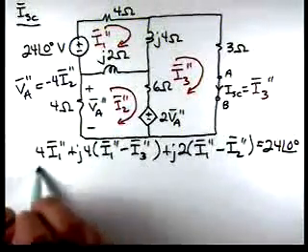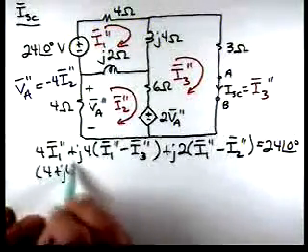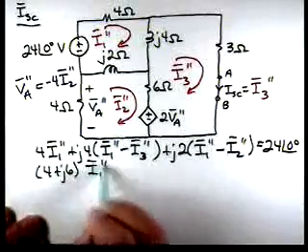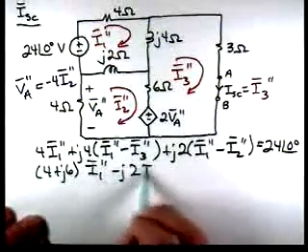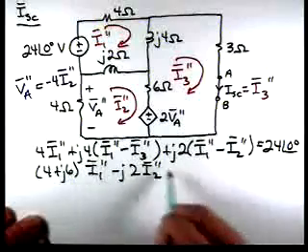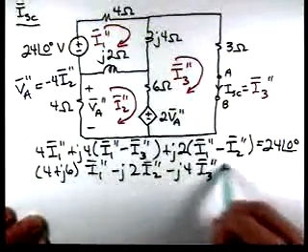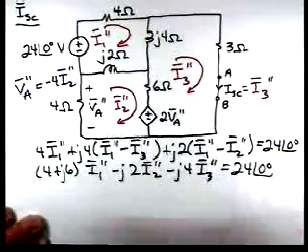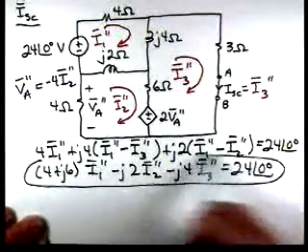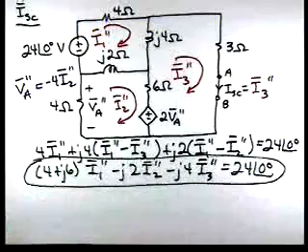And that reduces to (4 plus J6) I1 double prime minus J2 I2 double prime minus J4 I3 double prime equal 24 at an angle of 0. So there's one of our equations.